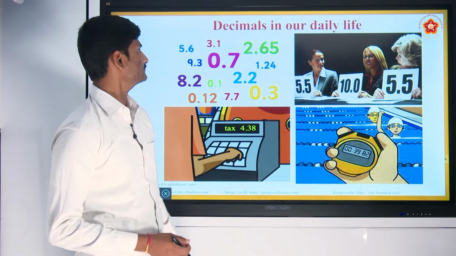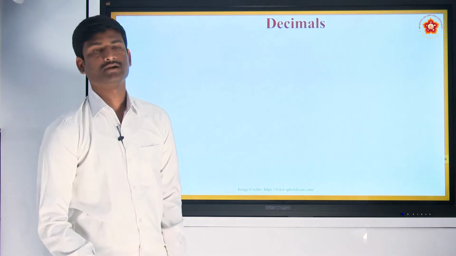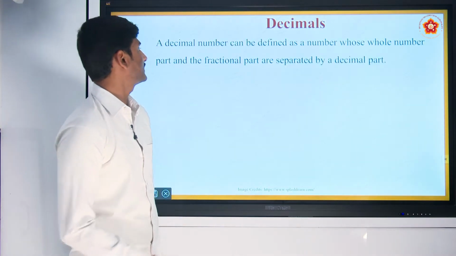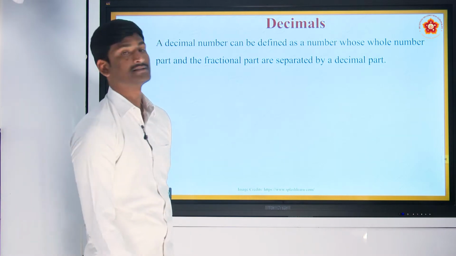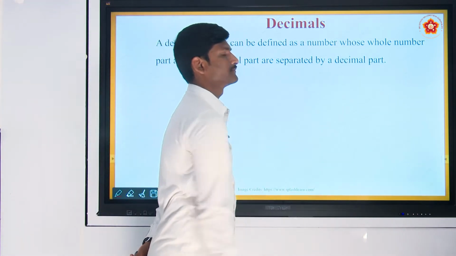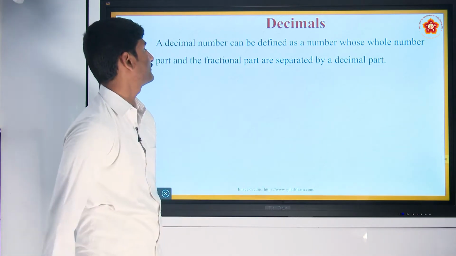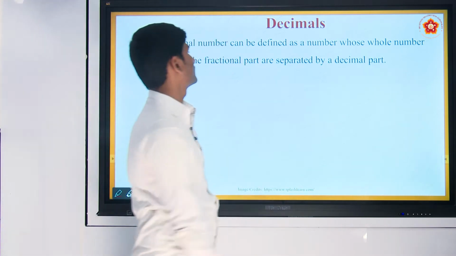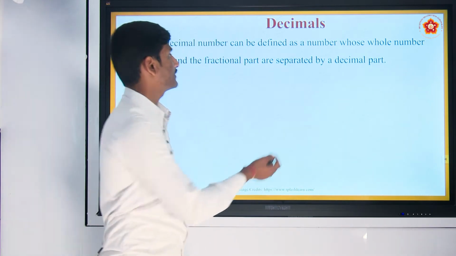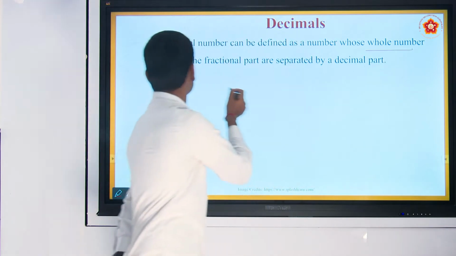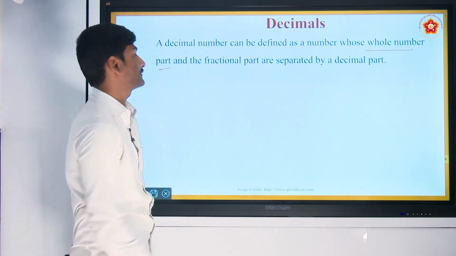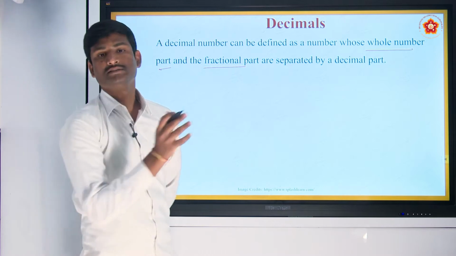Then, decimals. A decimal number can be defined as a number whose whole number part and fractional part are separated by a decimal point.